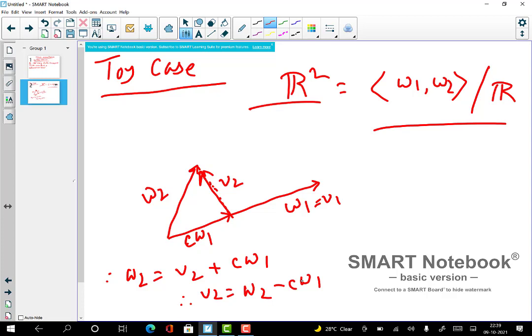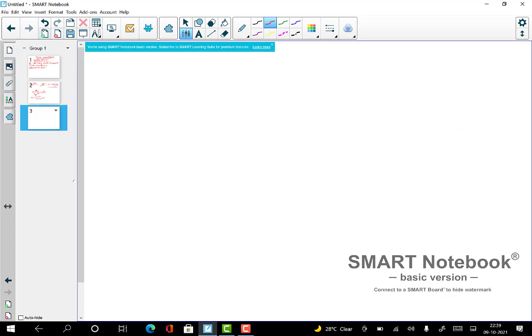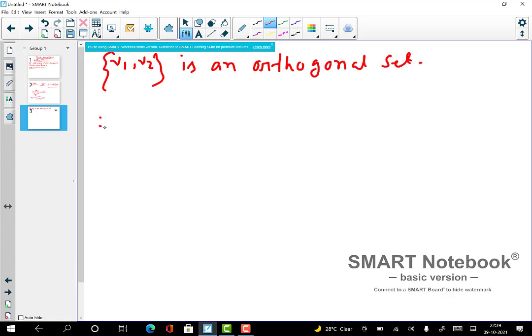Now we can find that using the property of an orthogonal set. So we assume that this v1 and v2 is an orthogonal set, right? So what does that mean? That means the inner product of v1 and v2 has to be 0.